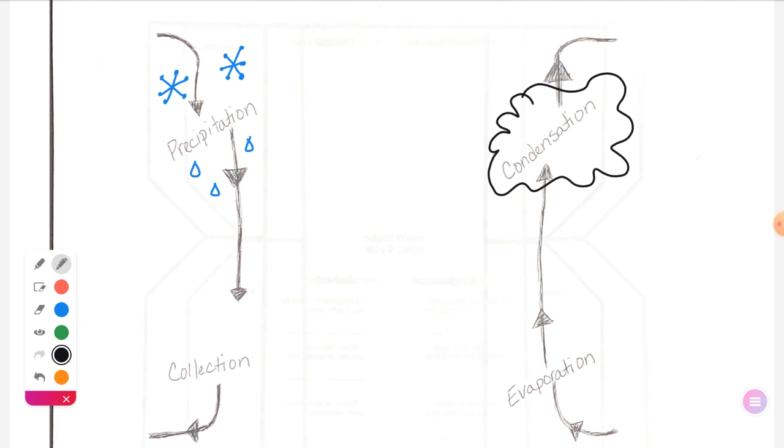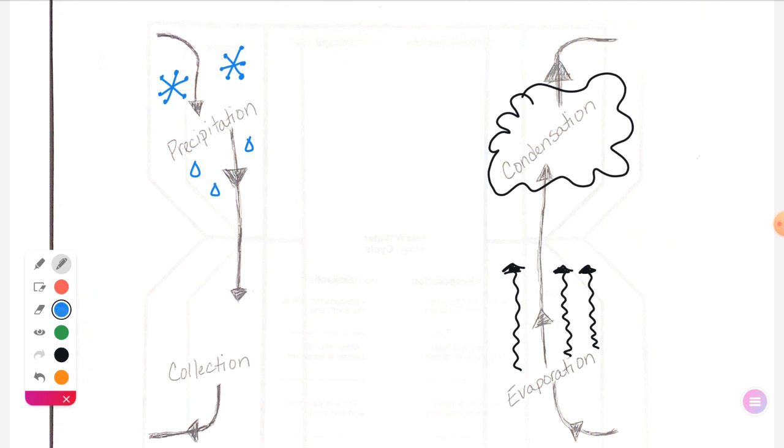We'll go down from there. Evaporation. Why is it hard to show evaporation? Because there's not much you can really show. Yeah, we don't really see it. So let's just show some squiggly lines pointing up. What is the only one left?